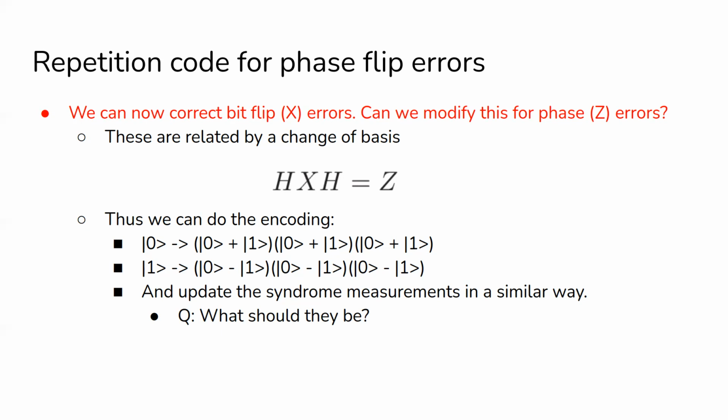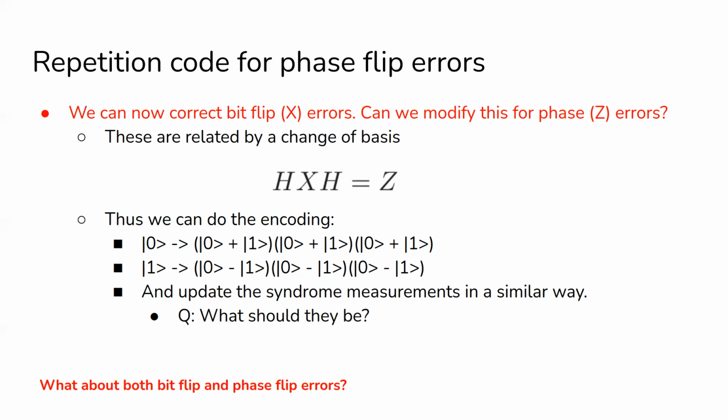So moving on, here's a hard question, but I want you to think about it. If anyone comes up with an answer to this, you would have been on the same wavelength as Peter Shor in the 90s. So can we correct for both bit flip and phase flip errors is the question.